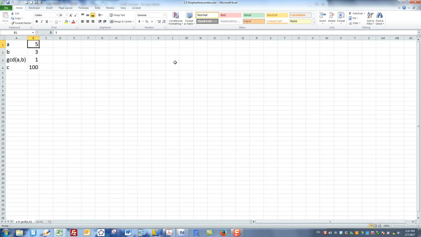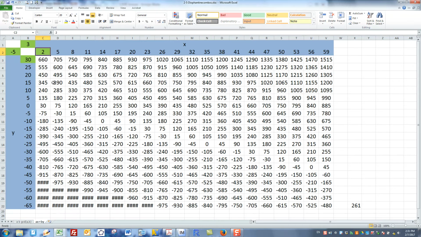We have 15. For B, we have 21. And for C, we have 261. Okay, so the GCD is 3. That's what we discovered. And if I go here, then I have all the linear combinations of 15 and 21. And it's searching for 261 to be the total. So in other words, it'll highlight in red whenever it sees a 261.